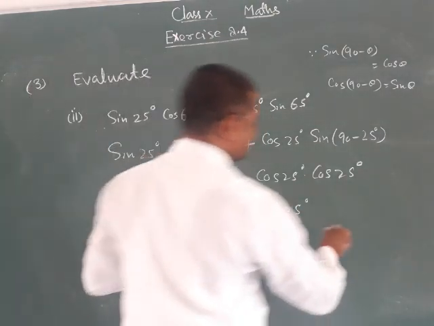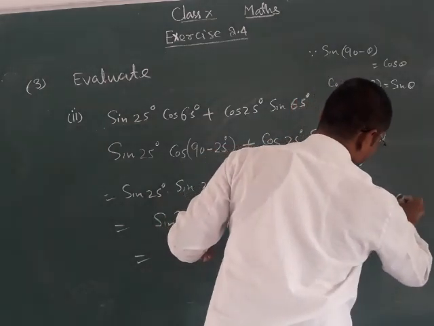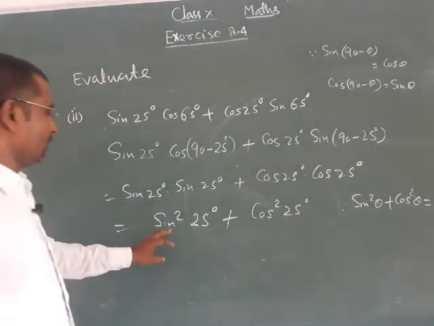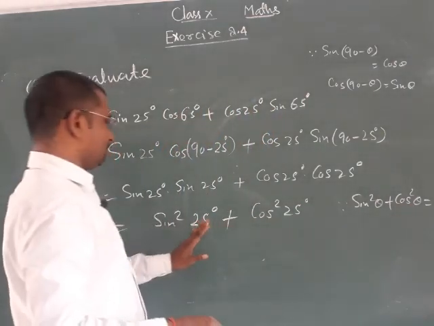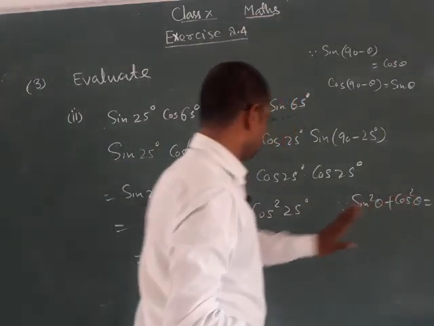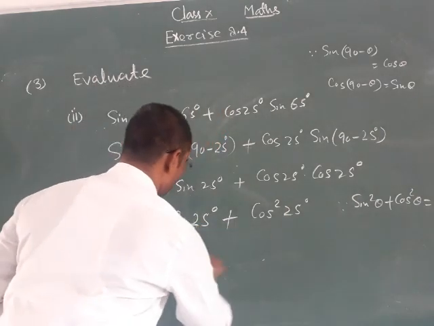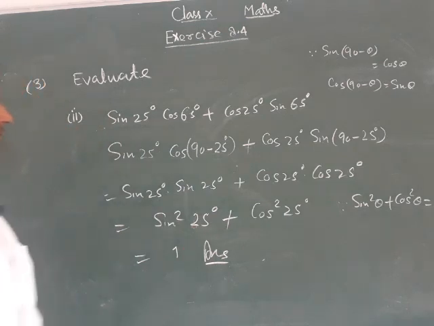Since sin square theta plus cos square theta is equal to 1, this is an identity. Both angles are the same, 25, and this value is 1. This is the answer.